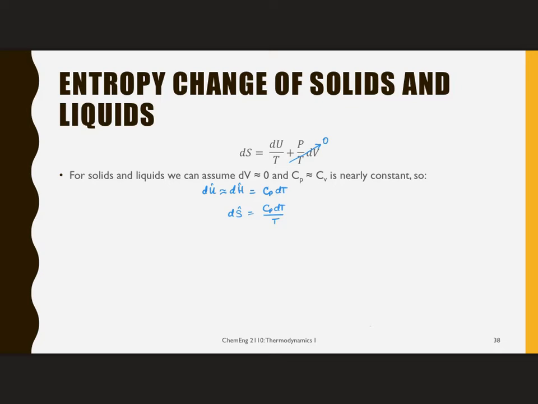Now, a couple of different special cases. For cases where c sub p is a function of T, then delta s is equal to the integral from T1 to T2 of c sub p over T integrated with respect to T. But there are some cases where c sub p is not really much of a function of temperature at all. This is the case with solids almost always, and for liquids with small temperature changes.